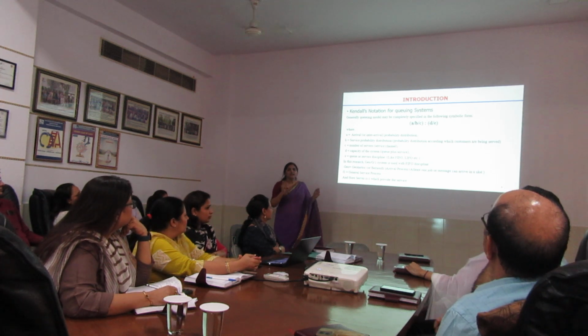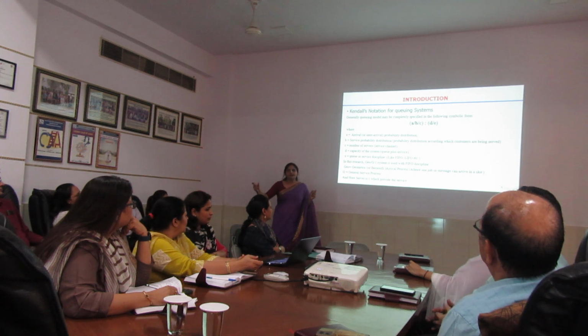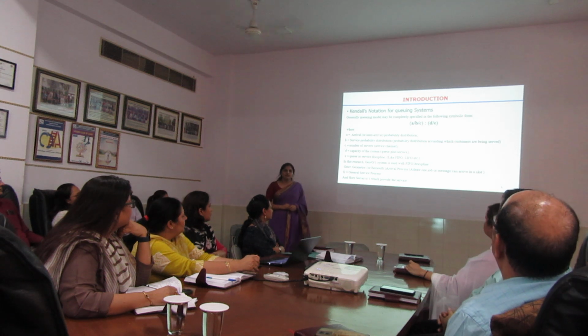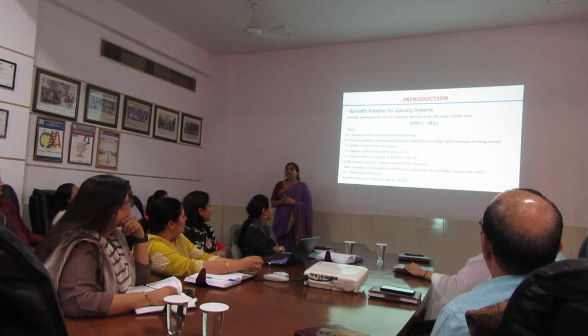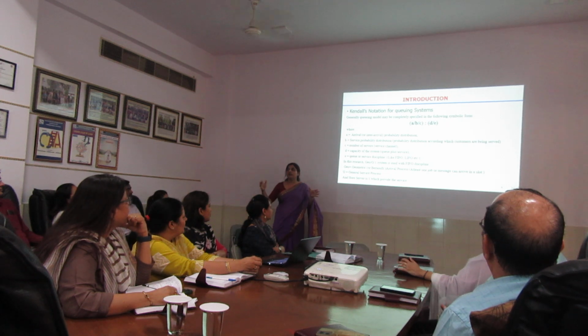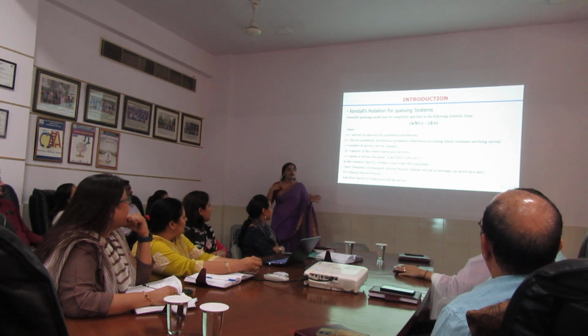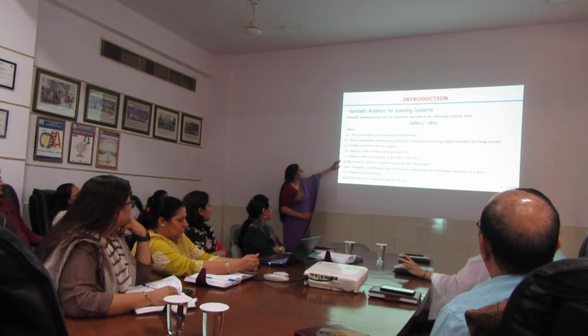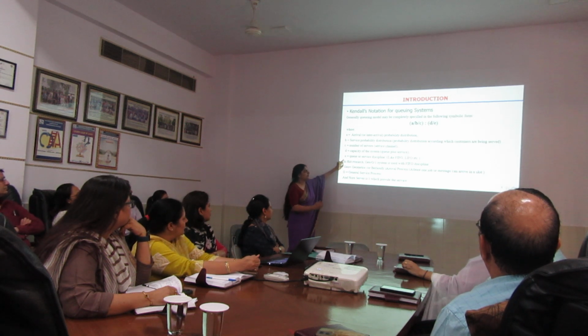C will represent how many servers are there to provide the service. K is the capacity of the system, which means it may happen that there is only one server which will provide the service. So this is the capacity of the system, how many customers can arrive at a time in the system. Now E represents the queue discipline: FIFO, LIFO, priority base.